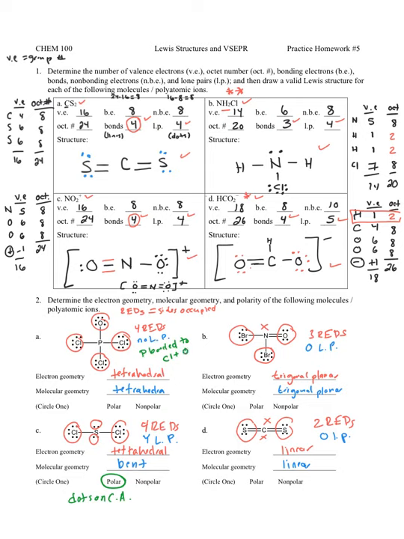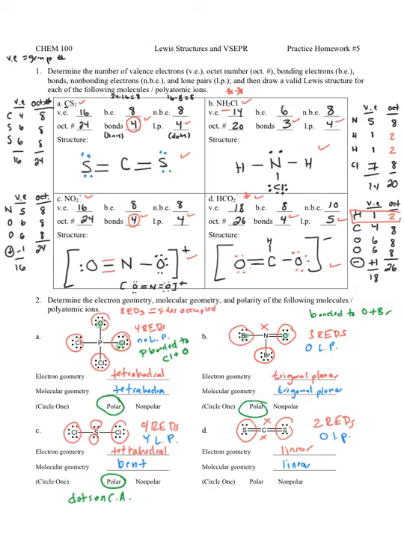Notice that there's oxygen here, chlorine here, so that means that it's polar. Same thing for this one. My nitrogen is bonded to O and Br. Right, there's the bromine, there's the oxygen, and so when the central atom is bonded to more than one type of element, we get polar.